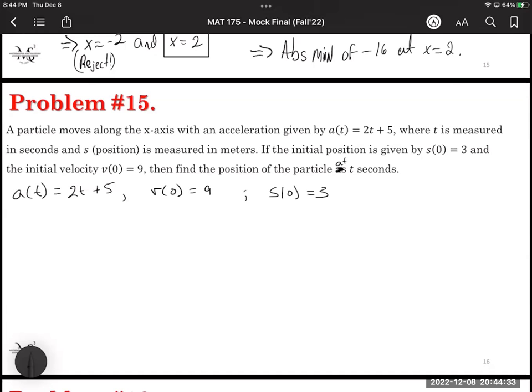So from the acceleration function, you can find the velocity function. To find the velocity function, you use antiderivatives or integrals. You have to take the antiderivative of a of t dt, right? Namely, you take the antiderivative of 2t plus 5 dt. So what is the antiderivative of 2t?